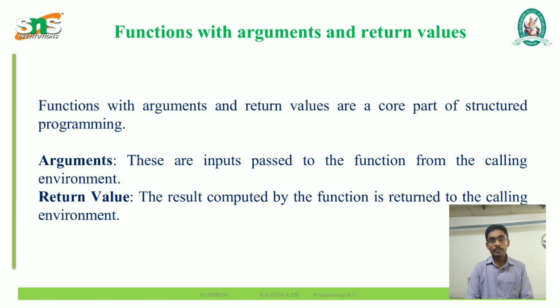Arguments are inputs passed to the function from the calling environment, which allow functions to operate on variable data. And the return value computed by the function is returned to the calling environment or calling function.